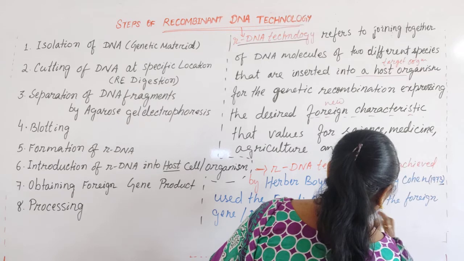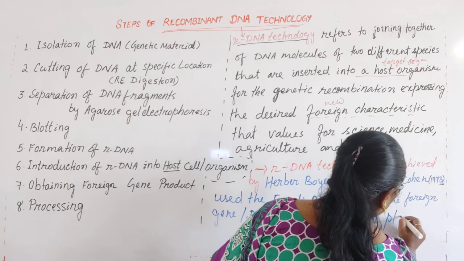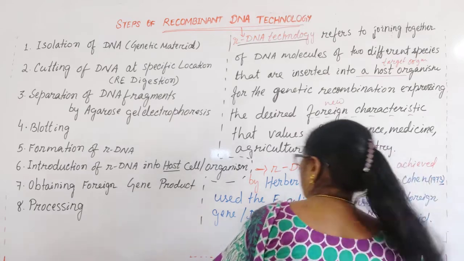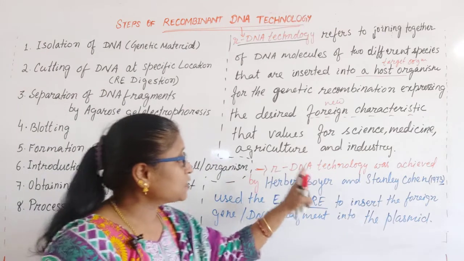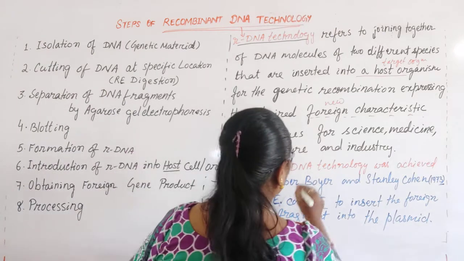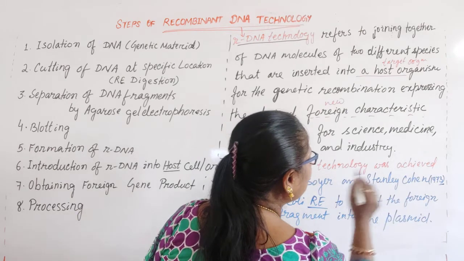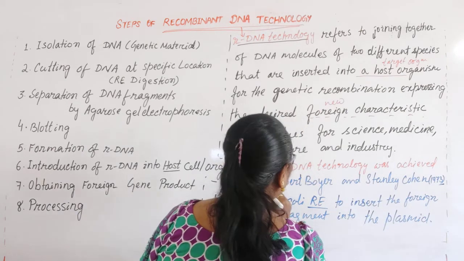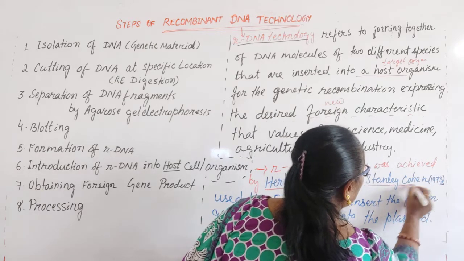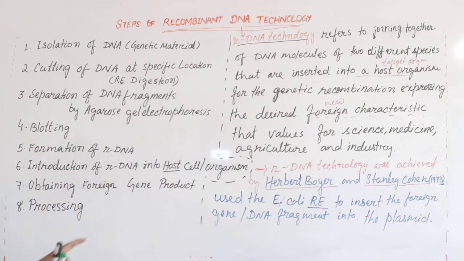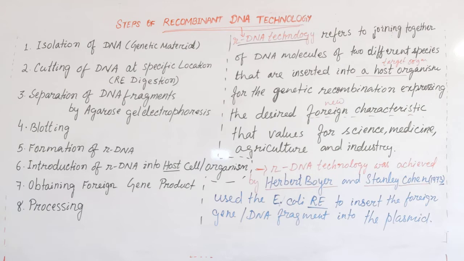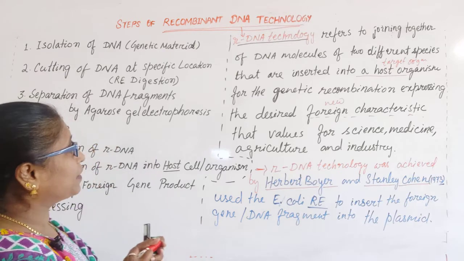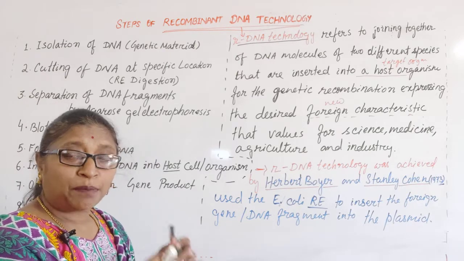So who first achieved this? Herbert Boyer and Stanley Cohen. They first achieved to develop the rDNA by using the E. coli restriction endonuclease.